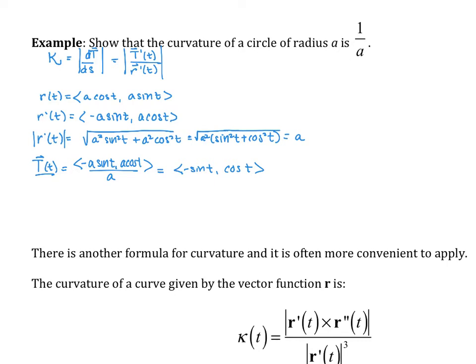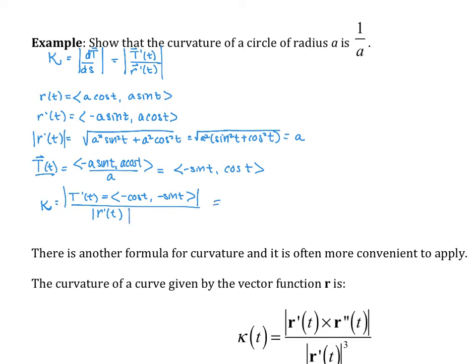Well, the formula that we need for kappa, we need the derivative of the unit tangent vector. And the derivative of this, let's look at that. T prime of t would be, the derivative of negative sine would be negative cosine of t. The derivative of cosine would be negative sine of t. Okay, so we would have the magnitude of this over, well, we already found the magnitude of r prime, but let's just rewrite it anyway.